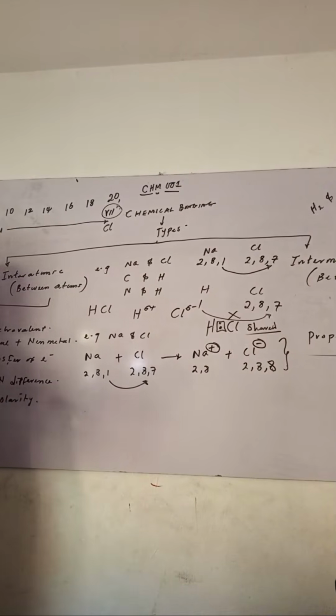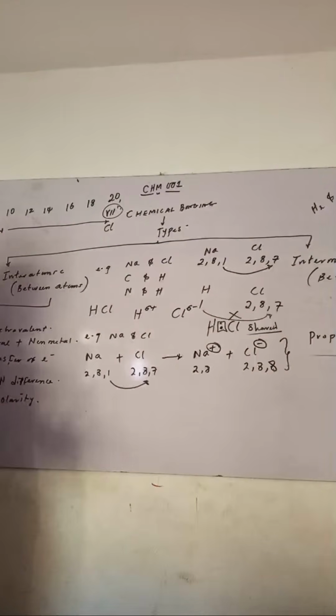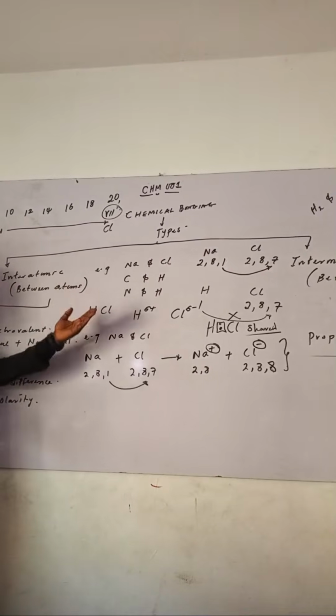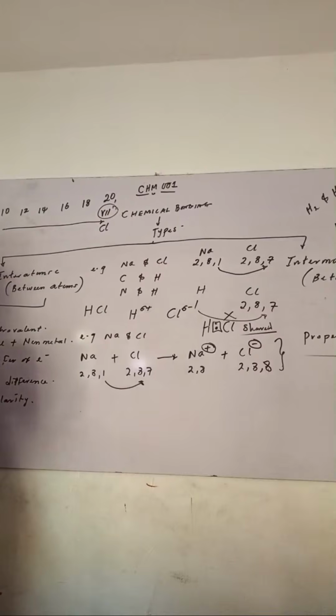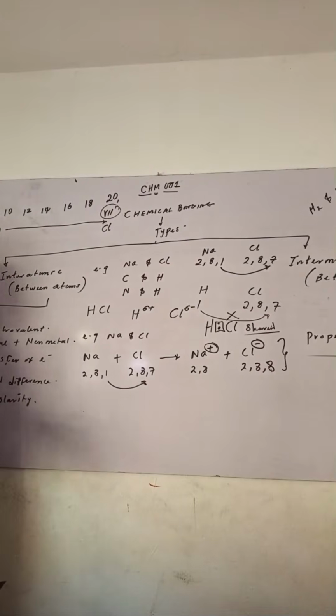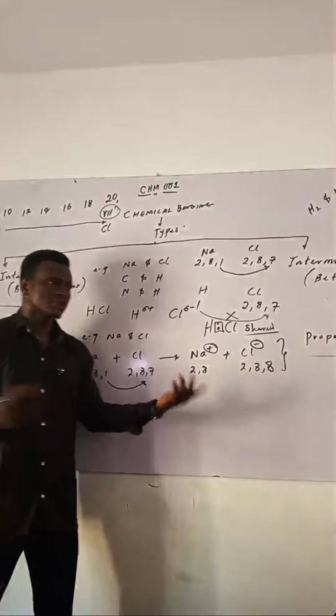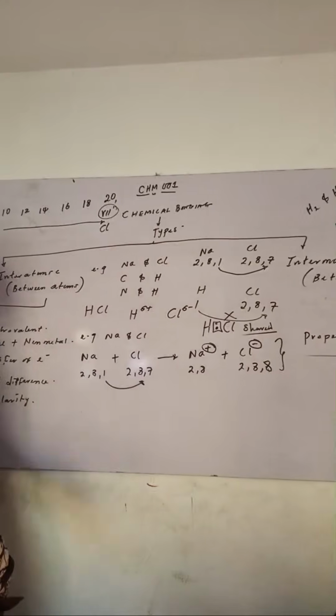I will explain it better as we move on. You will understand it better when you get to covalent. But polarity simply means opposite poles, positive and negative. And you can only have positive and negative when there is complete transfer. When this one transfers, it becomes positive. When this one accepts, it becomes negative. That means there is high polarity.